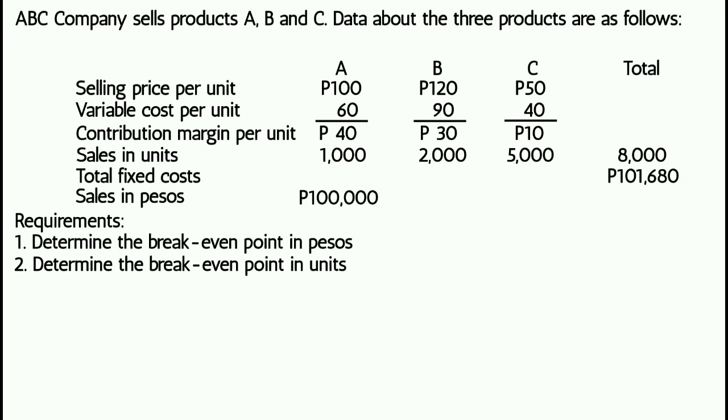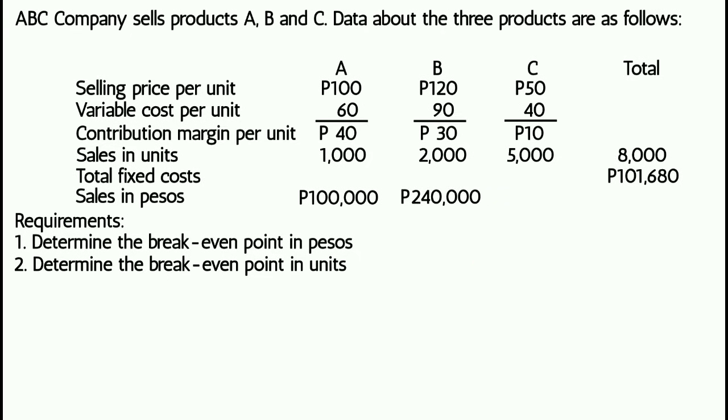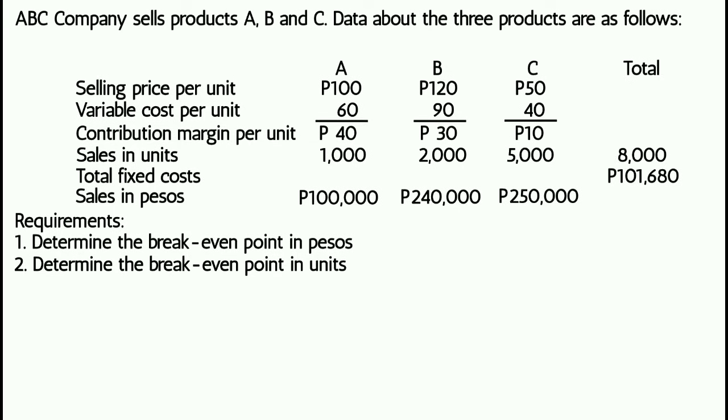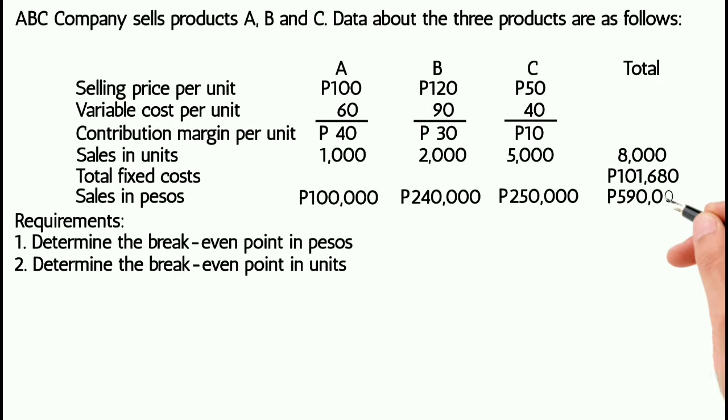For product B, 120 pesos times 2,000 units. That is equal to 240,000 pesos. And for product C, 50 pesos times 5,000 units. That is equal to 250,000 pesos. So all in all, the total sales in pesos is 590,000 pesos.